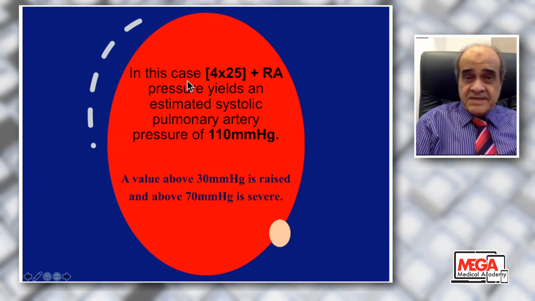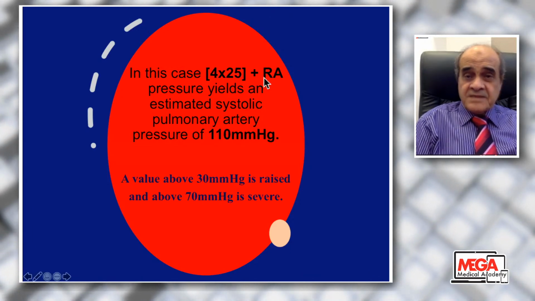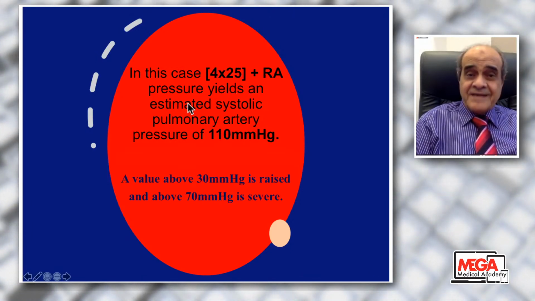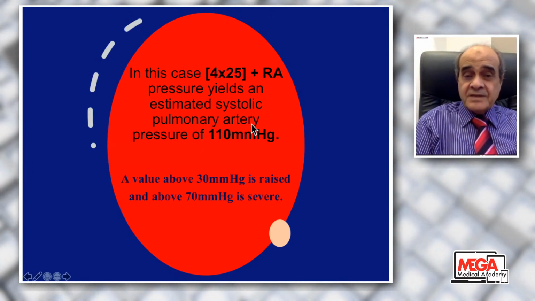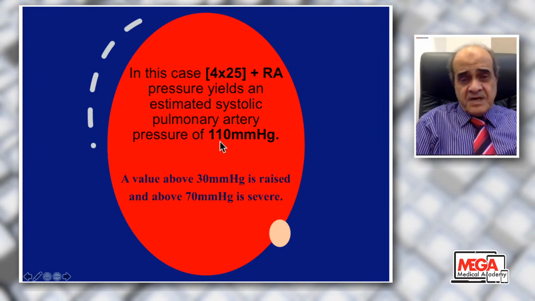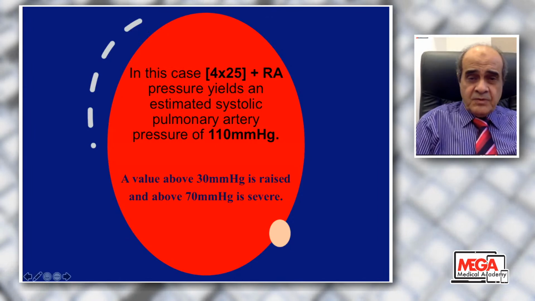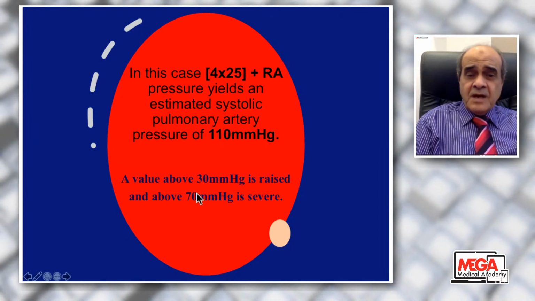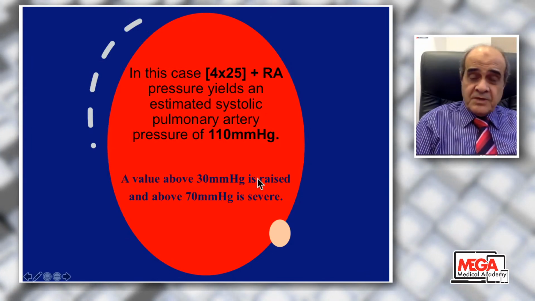In this case, we multiply 4 by 25 plus the right atrial pressure, yielding an estimated systolic pulmonary artery pressure of 110 millimeters of mercury, which is very high, of course, and highly diagnostic of massive pulmonary embolism. A value above 30 millimeters of mercury we consider a raised pulmonary artery pressure.